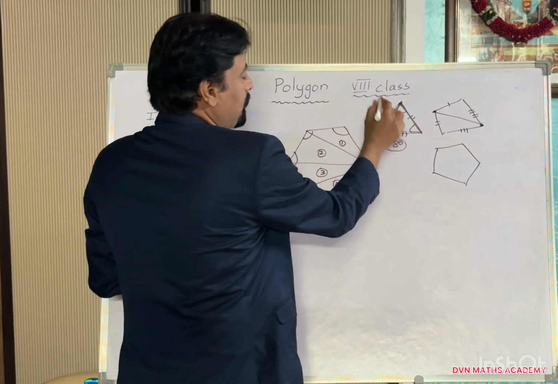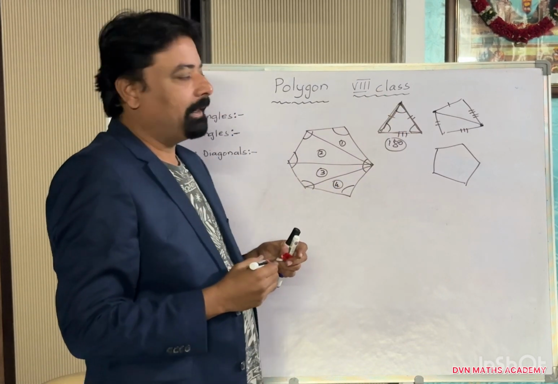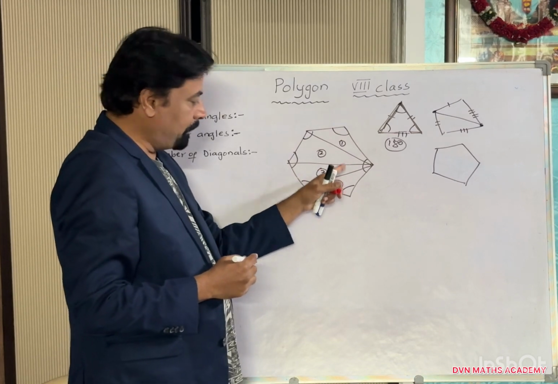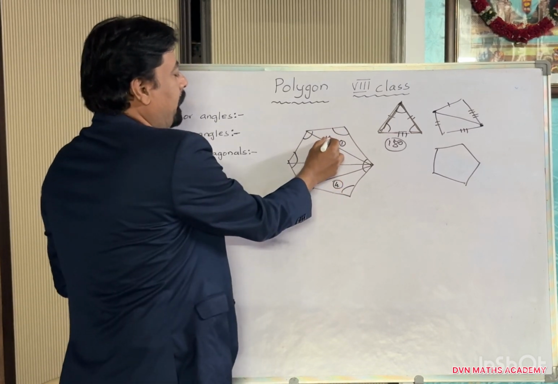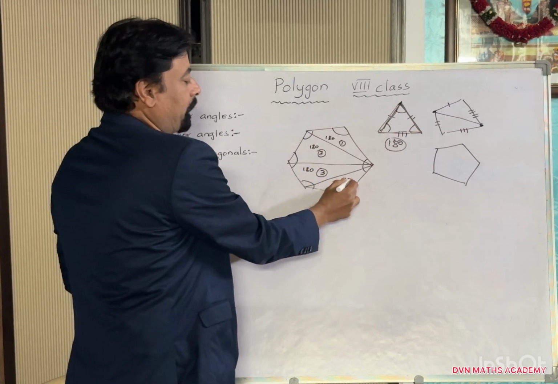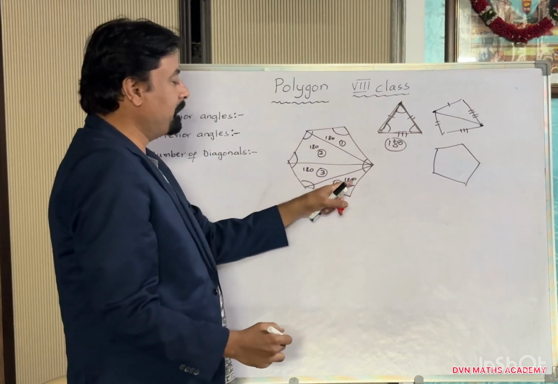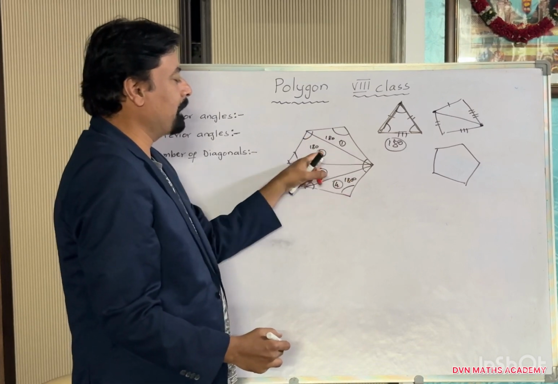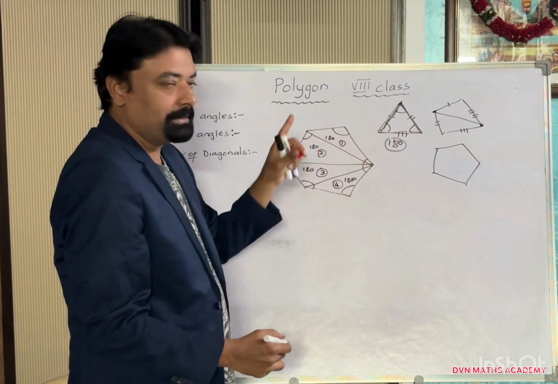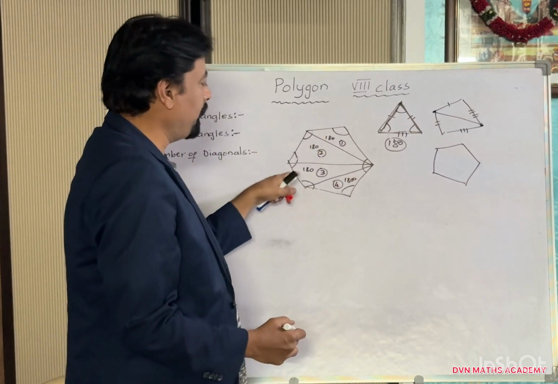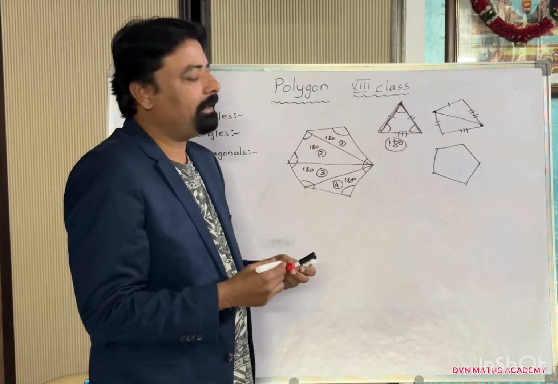So by the angle sum property of a triangle, we can find the sum of angles in this polygon. This is 180, this is also 180, this is also 180, and this is also 180. So the sum of the total angles in this polygon is 4 into 180.